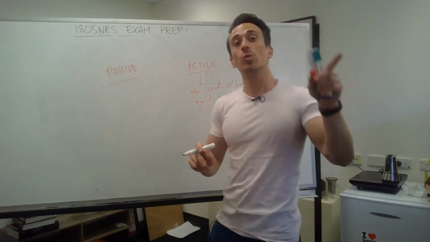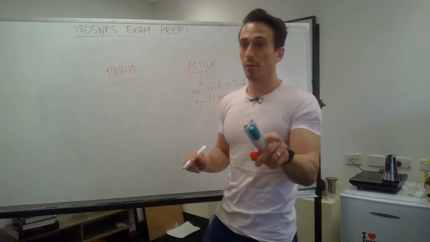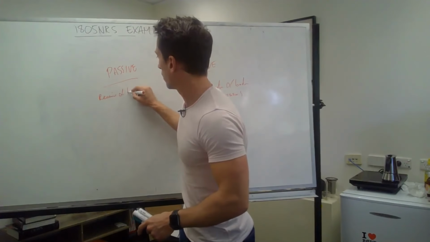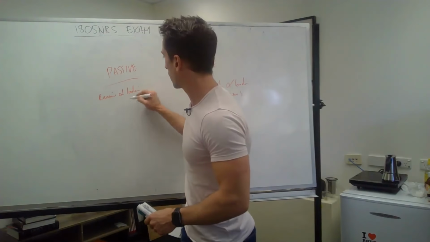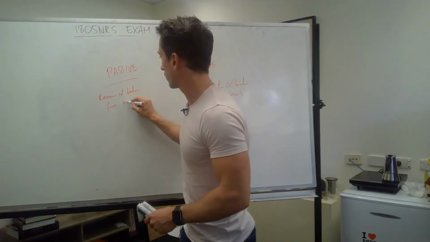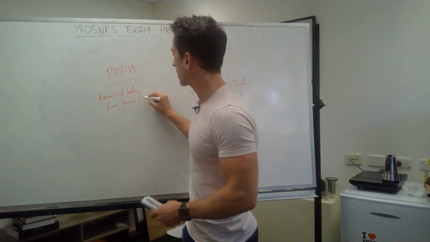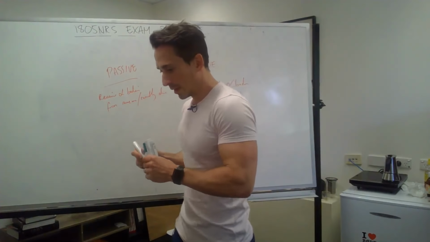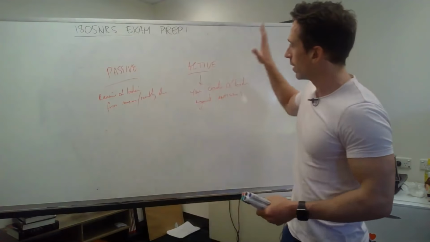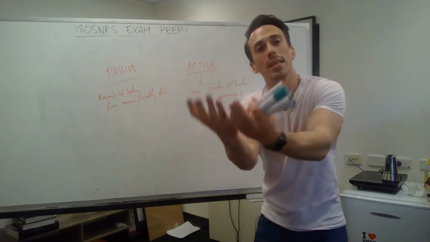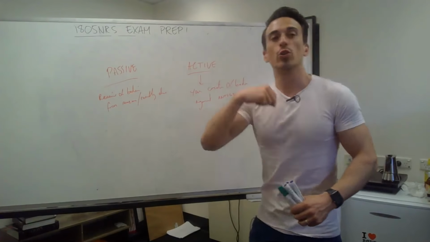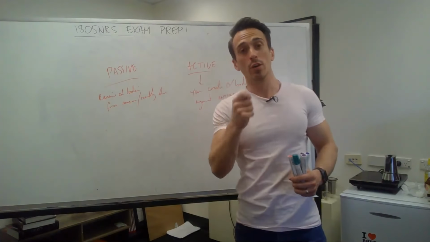Passive is when you receive the antibodies from somebody else, someone or something else, who has already made them. So with passive, you're receiving antibodies that have already been made. With active, you're creating the antibodies yourself after exposure.